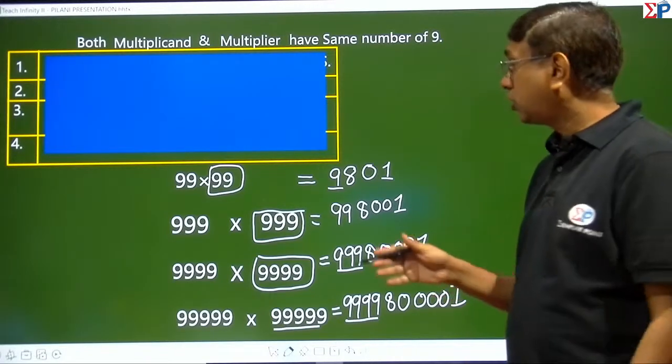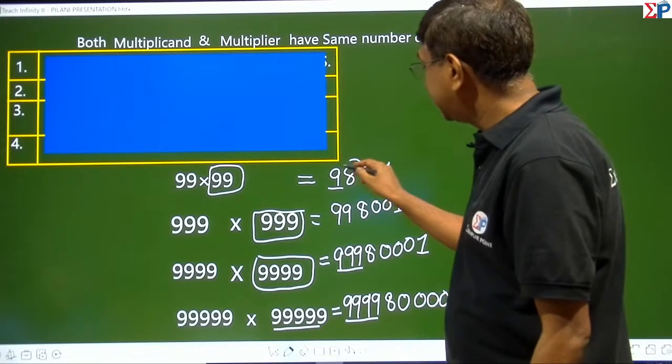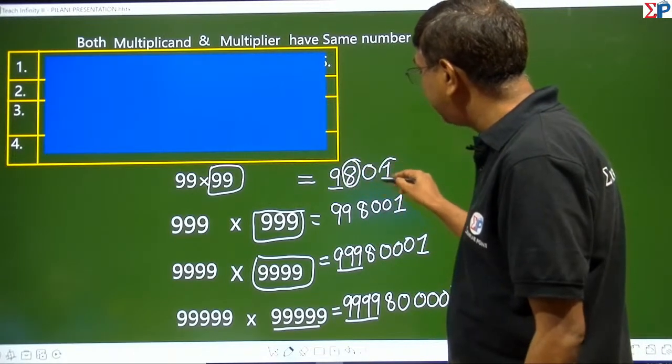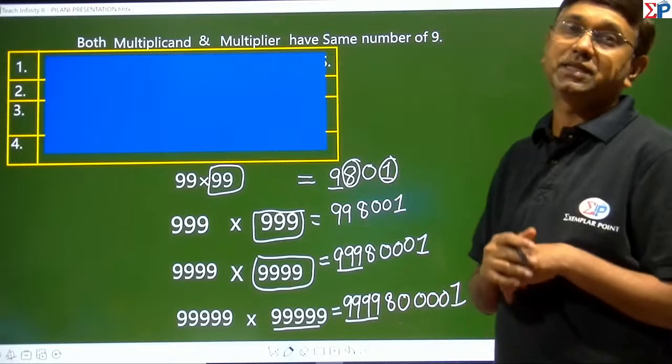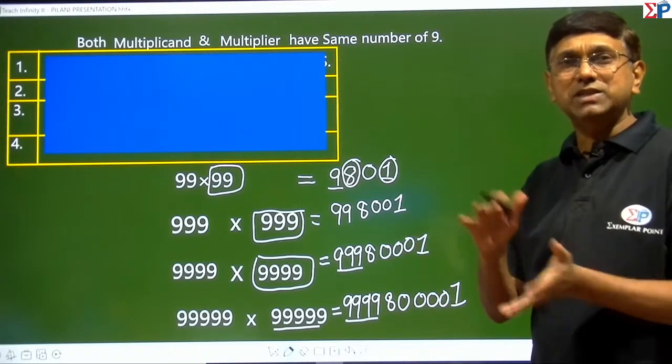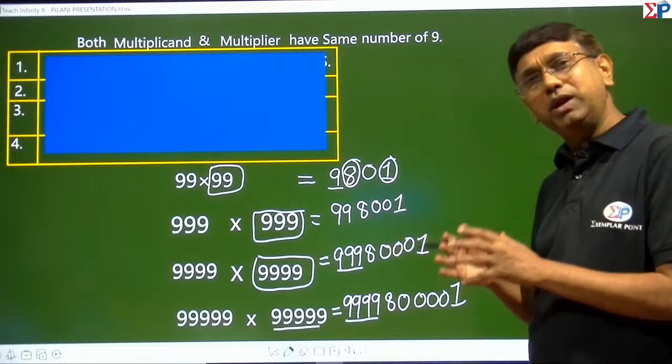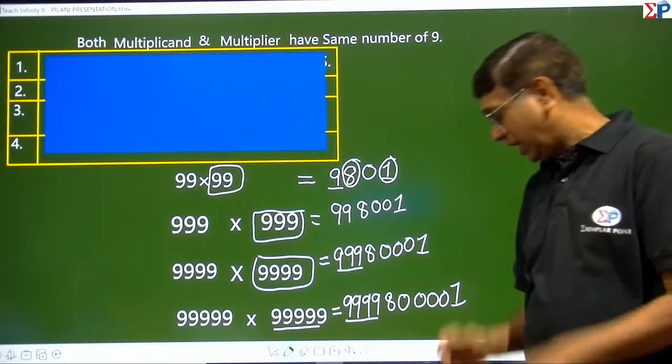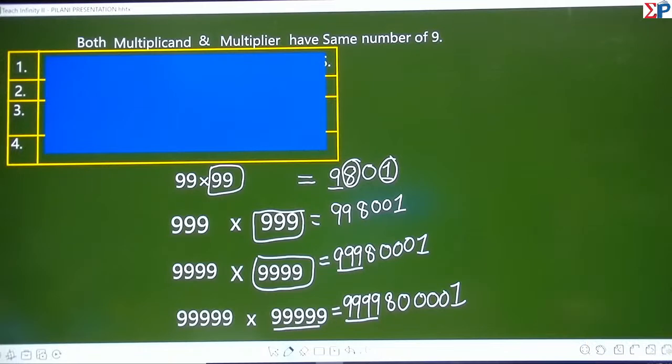So the concept is that the second digit and the fourth digit remain the same. It is the first and the third digit you keep on changing. I hope all of you are clear. We'll move ahead with more such concepts.